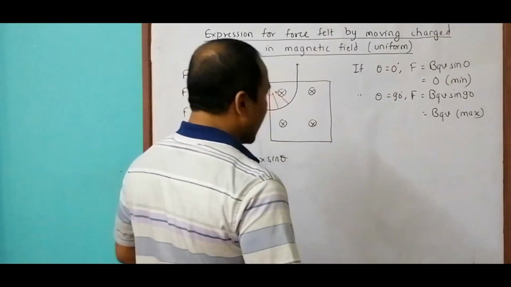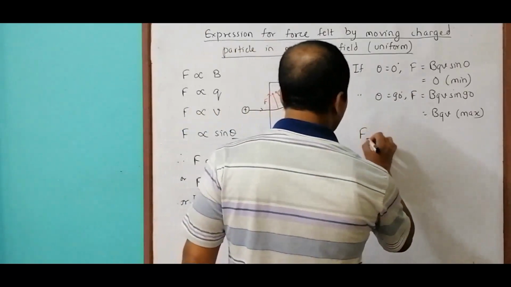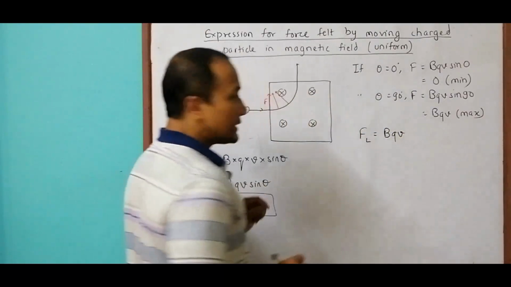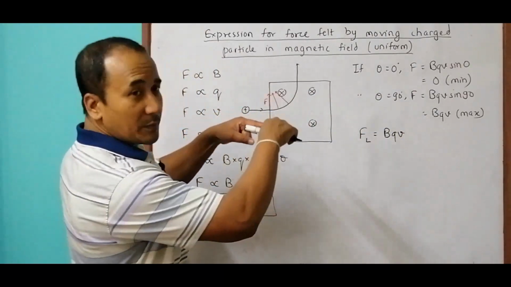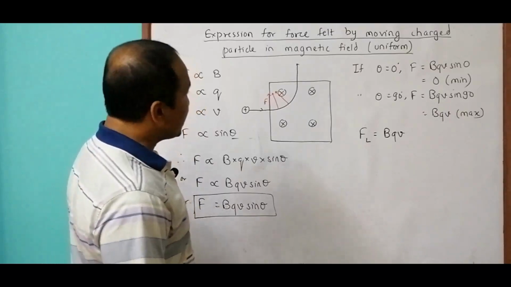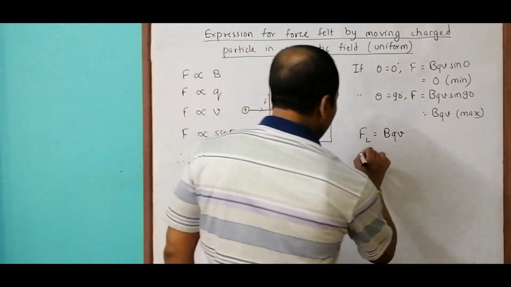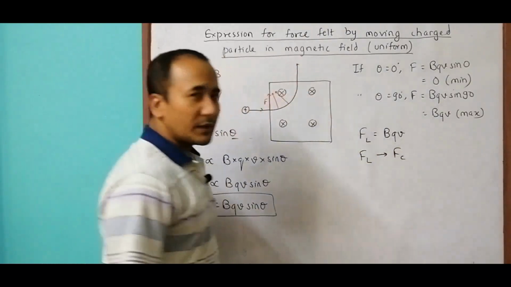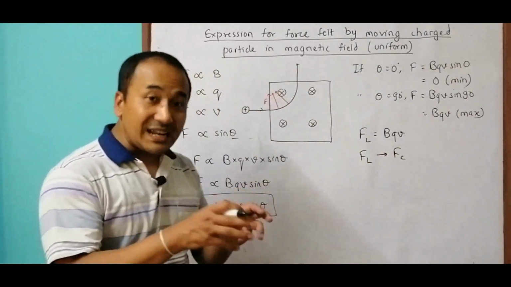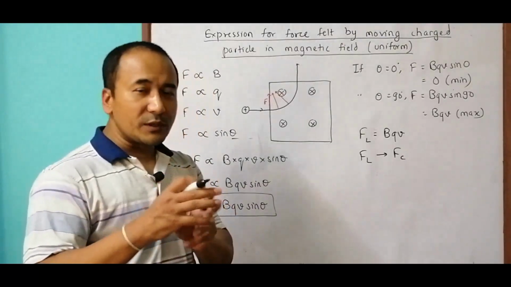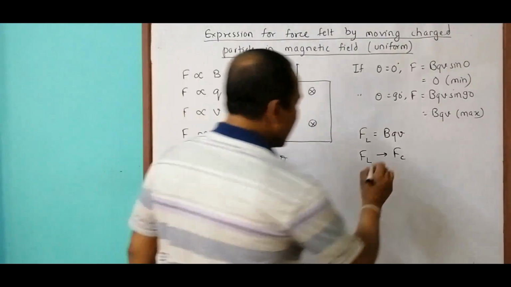So for that, the force, which we call the Lorentz force, is equal to BQV in this case, because here these things are perpendicular, that's why BQV. And since it moves in a circle, this Lorentz force gives rise to the centripetal force. This Lorentz force has been utilized to create the centripetal force, which moves the body in a circle.